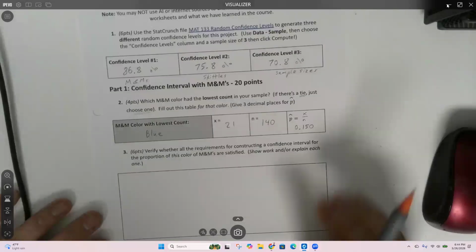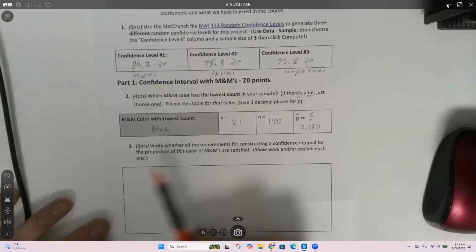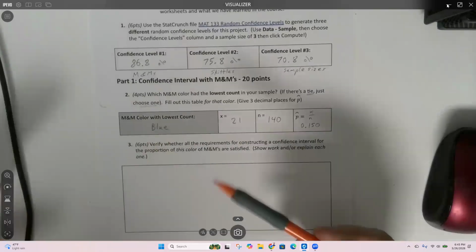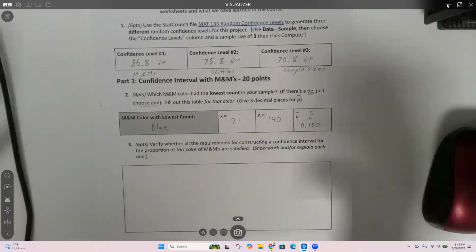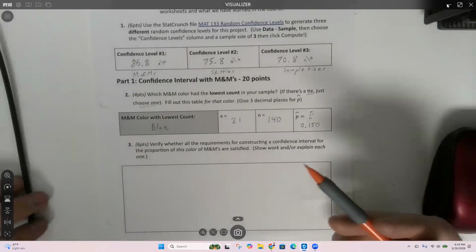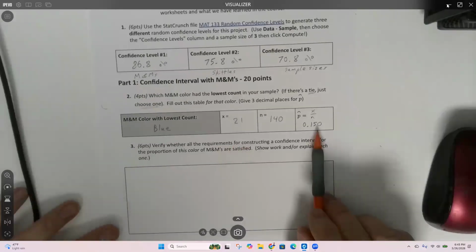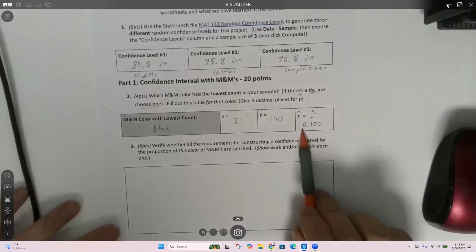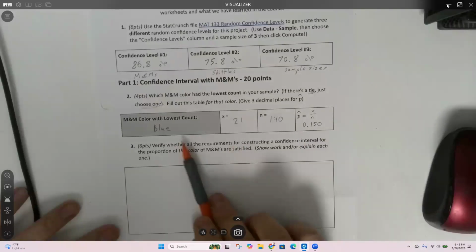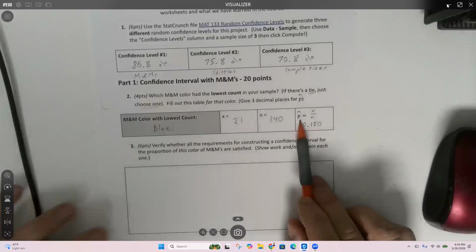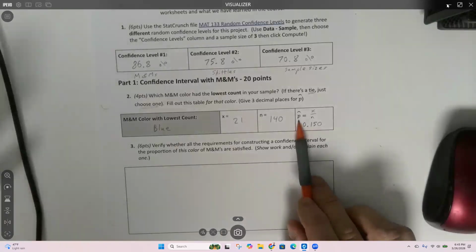Awesome. All right. So now that I have that, what I'm trying to figure out is, what percent of M&Ms are blue? My sample says that 15% of M&Ms are blue. Now, is that actually the same percent for everything in the population? No, it's not. P hat is an approximation. It's close to the true p-value of all M&Ms, okay?